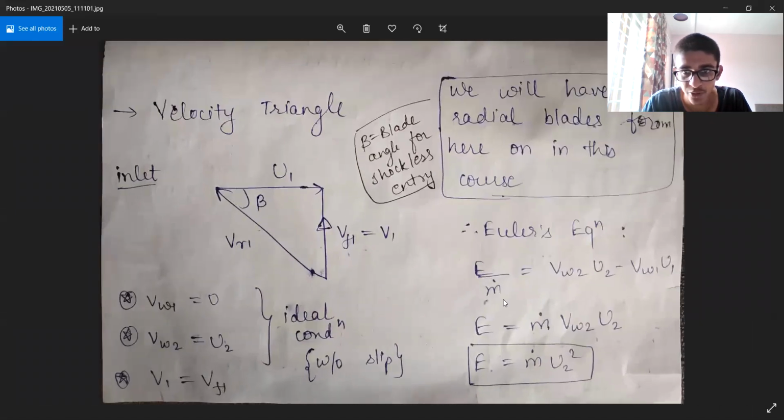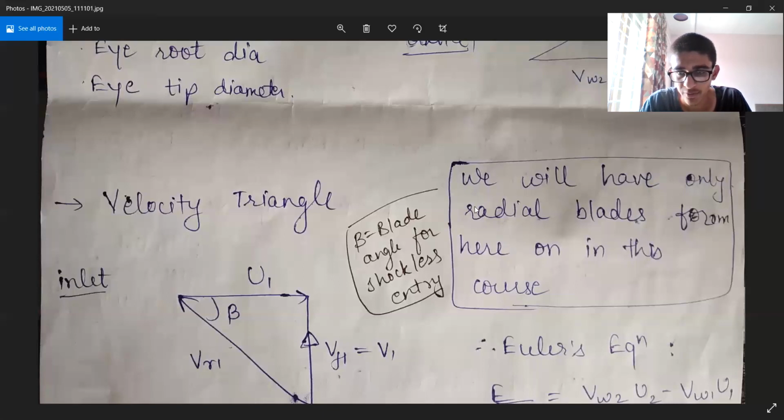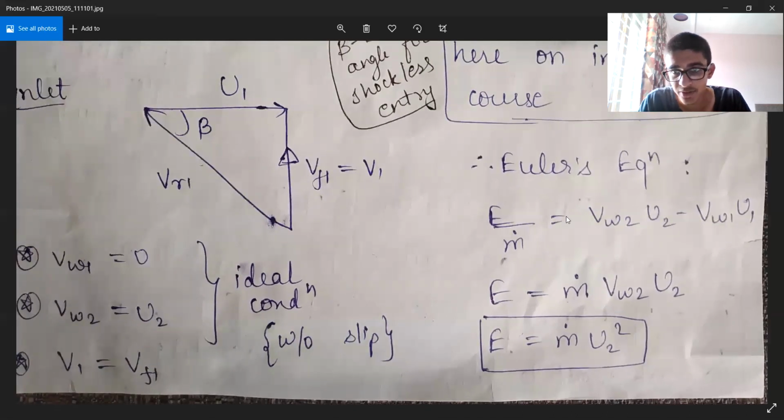And then let's come to Euler's equation. From here on, we'll consider only radial blades for this course. Coming to Euler's equation, that is the energy transfer equation, we know that energy per mass flow rate is given by VW2 U2 minus VW1 U1.